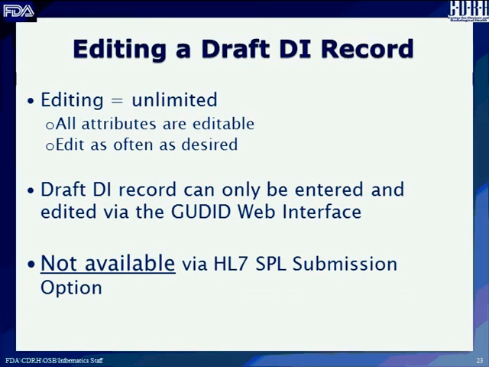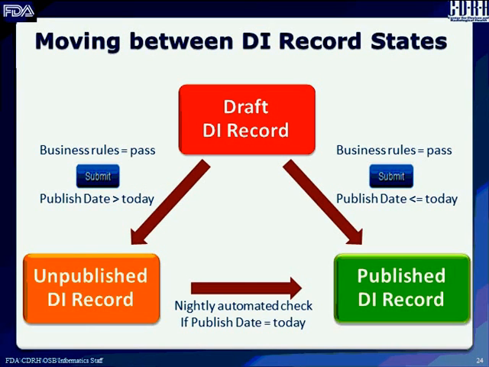Okay, so now we've created a draft DI record, let's say, but we want to understand how to move this draft DI. Think of it as step one of creating a DI record. How do we move it to the next state, the unpublished or the published state? A draft DI can go from its draft state directly to the unpublished state. To do that, the business rules must pass, and you must submit the record to the system.